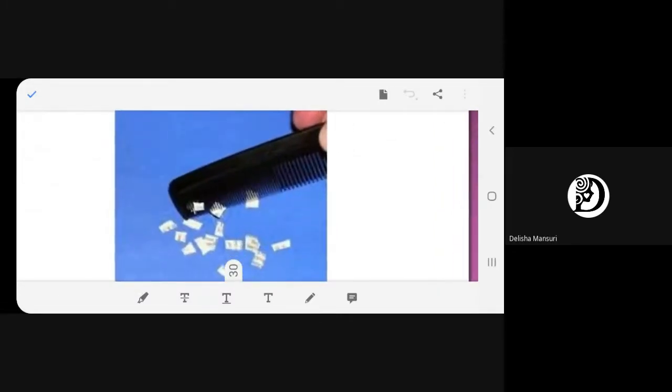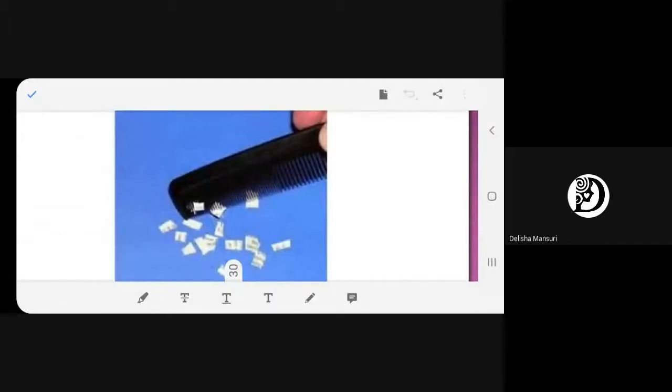In this case, the comb, it's a plastic comb. You rub it with silk or with paper or on your hair. What happens? We are charging the comb. You need certain pieces of paper. And when you bring that charged body, that is the comb, near an uncharged body.